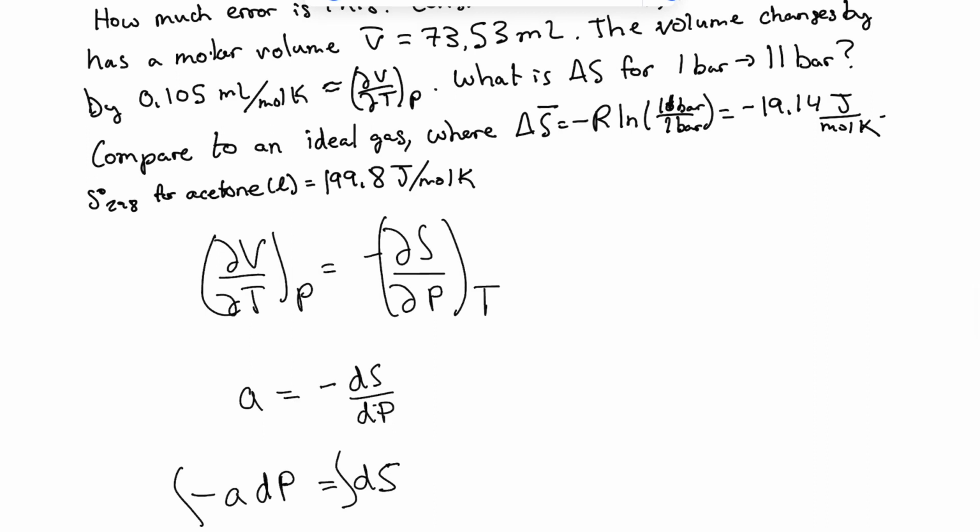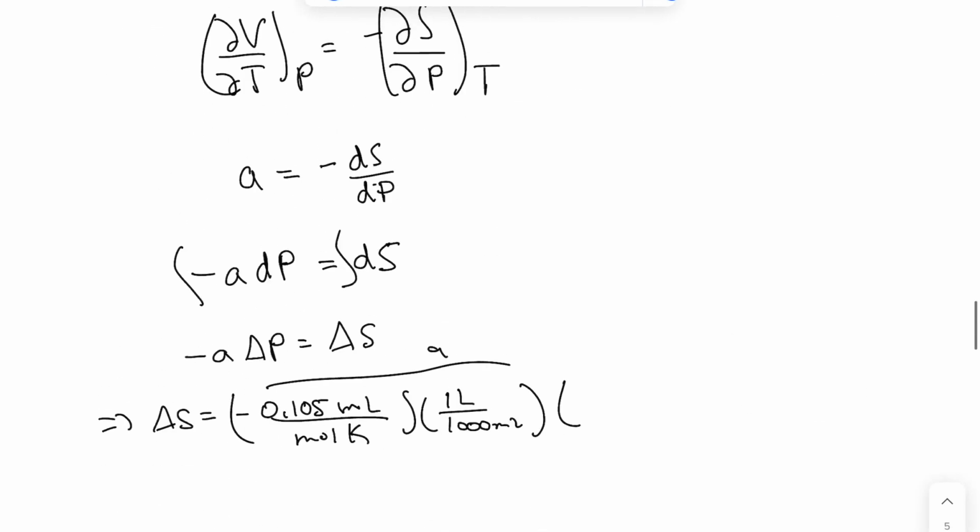This has to be 11 right there. Sorry about that. And ΔP is 10 bar, 11 minus 1. And then again, I'm in liter bar here, so I need to multiply by 100 joules per liter bar.